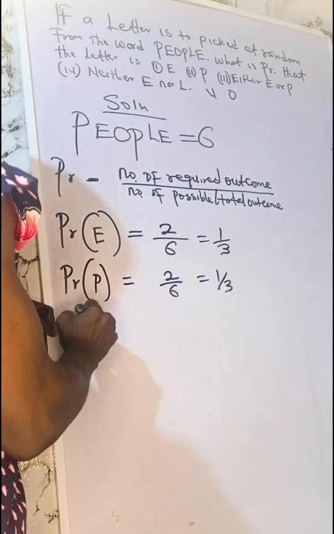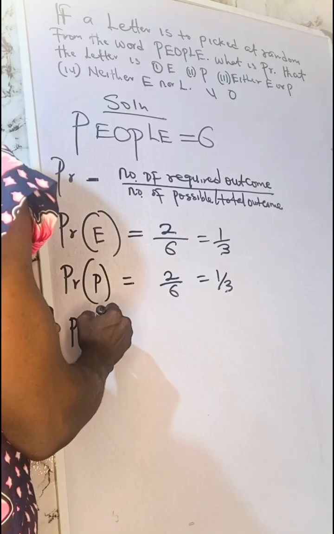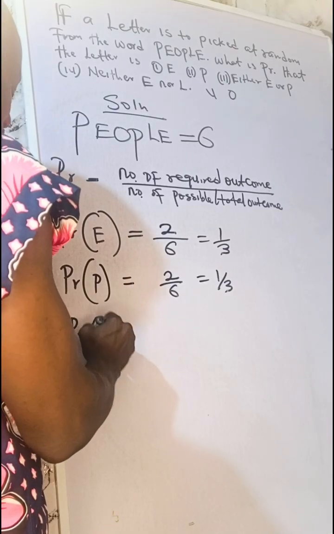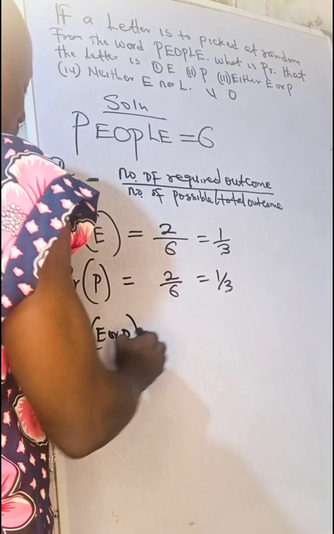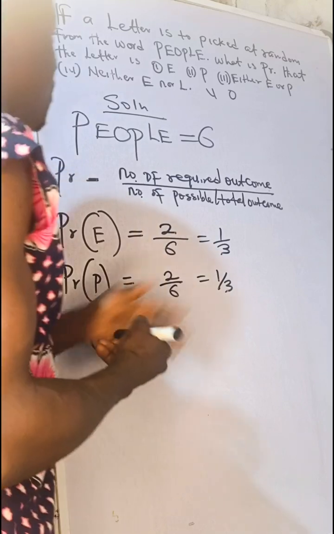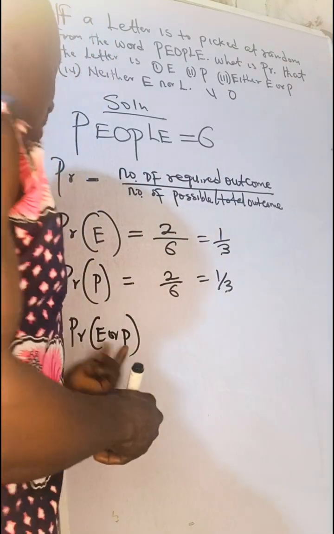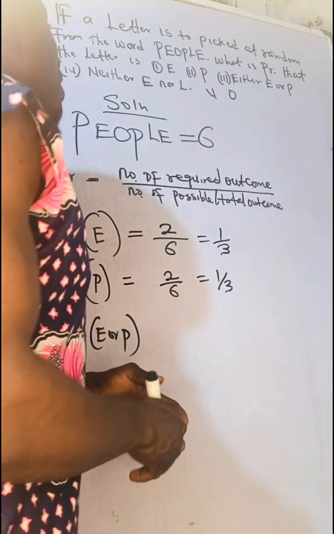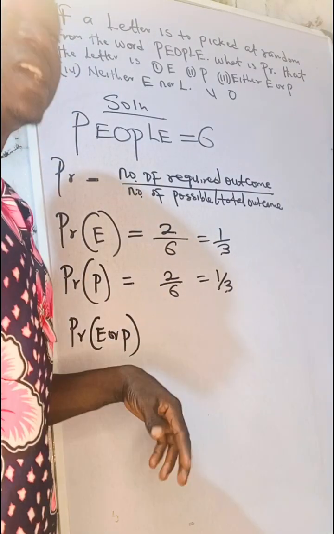Then question 3 said probability of picking E or P. What it means here is that this is a mutually inclusive event. Because of that, we are going to use the addition sign.